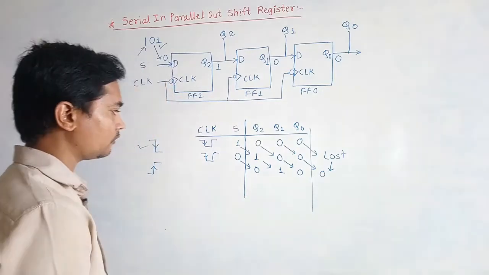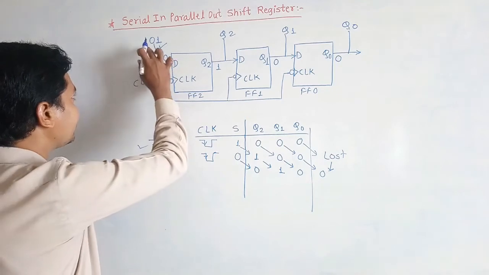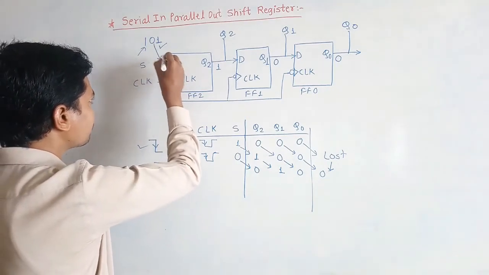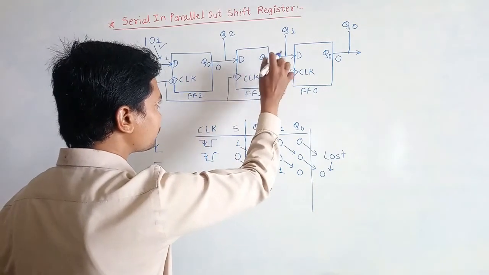Now we want to shift the third bit, this one. This one should be applied here, and previously it was 0 and previously it was 1.